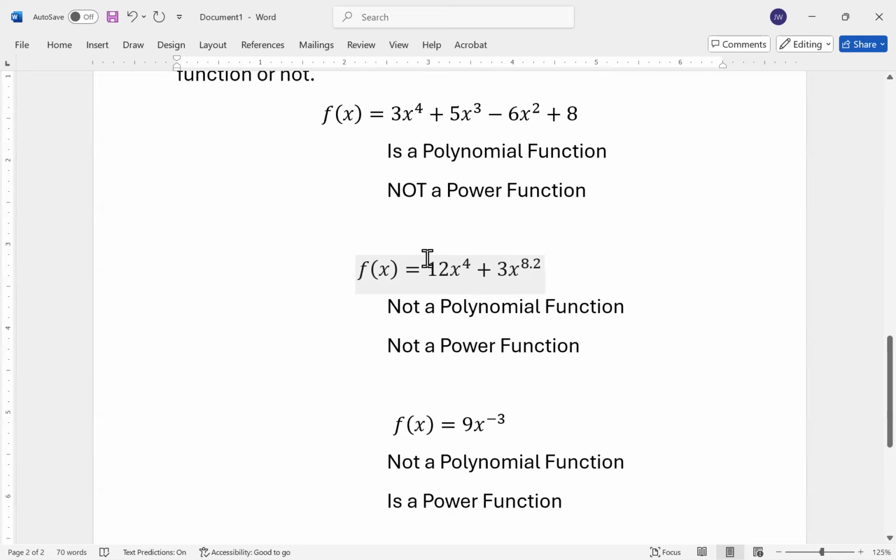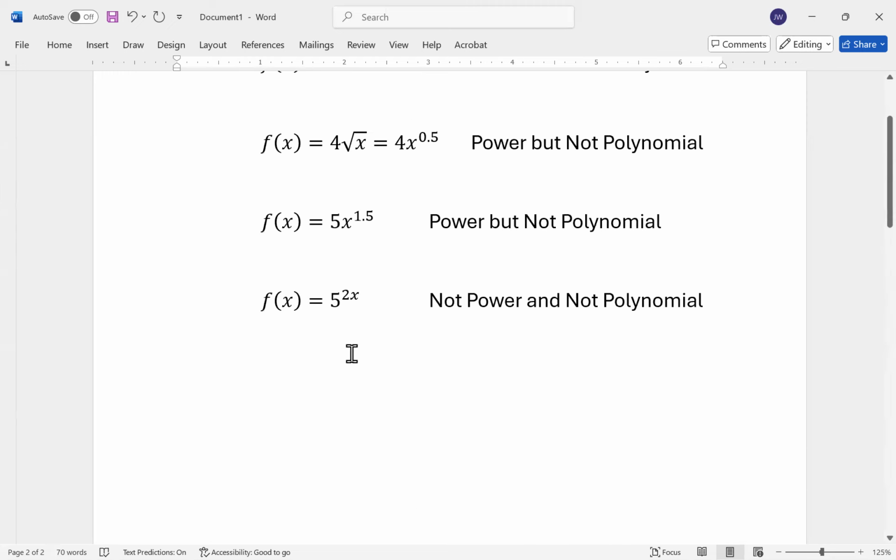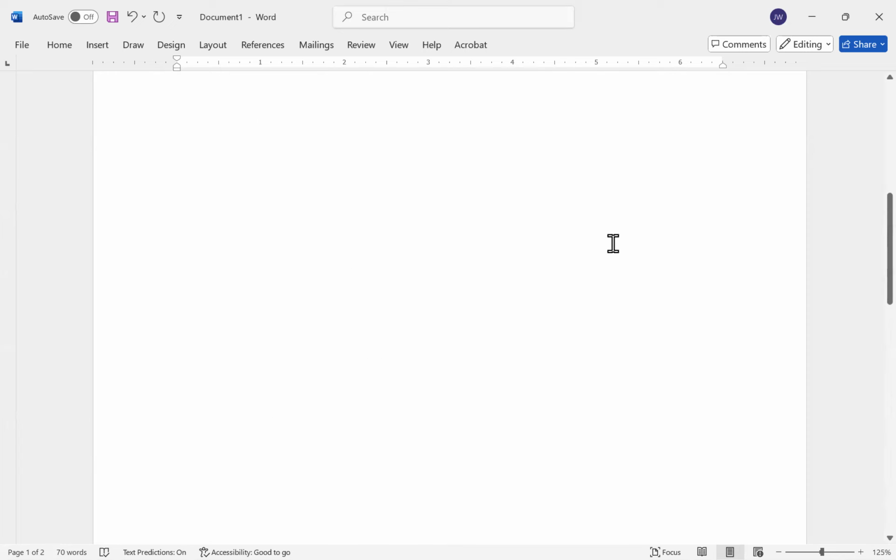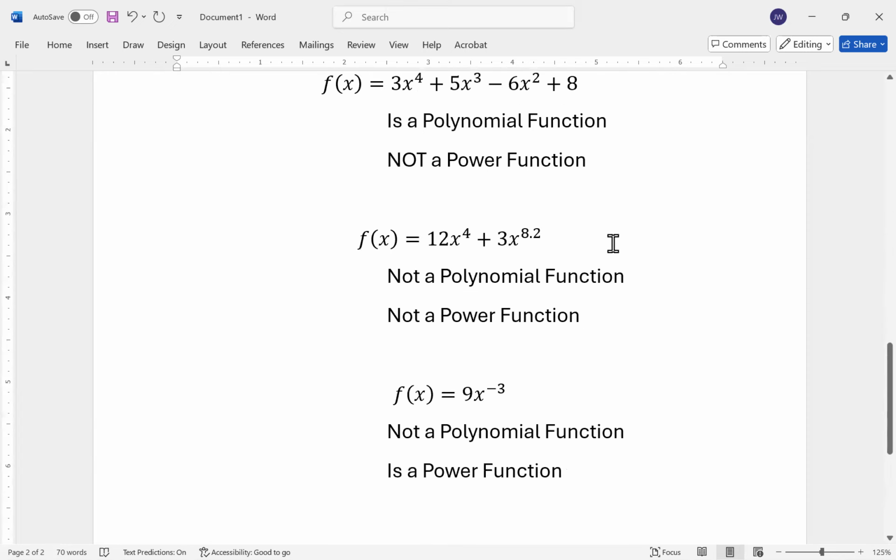So we see that there are some functions which are polynomial functions but not power functions. There are functions which are neither power functions nor polynomials. There are functions which are not polynomials but which are power functions. And earlier we saw a function which was both a power function and also a polynomial function. So we can have functions of any type.